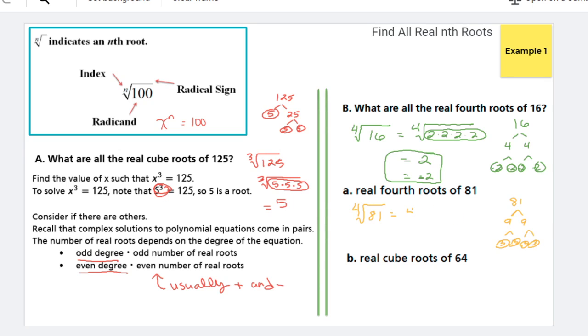So I have the fourth root of 3 times itself 4 times. Because I need 4 of a kind to pull it out of the radical, I get a 3. Now remember, these could be -3's, because -3 times -3 makes a positive 9. So I could also put a negative here.